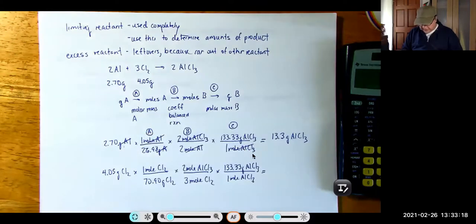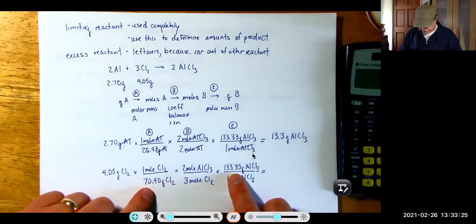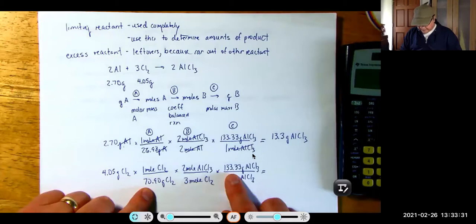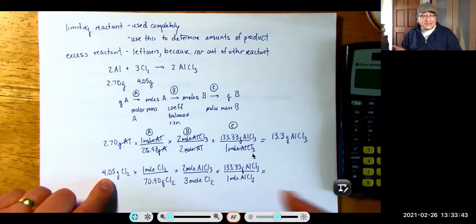So when I do the estimate here, I think, well, 70 will go into 133 almost 2 times. 2/3 of almost 2 would be like 1.2, 1.3. And 1.3 times 4 would end up being close to 6 maybe.